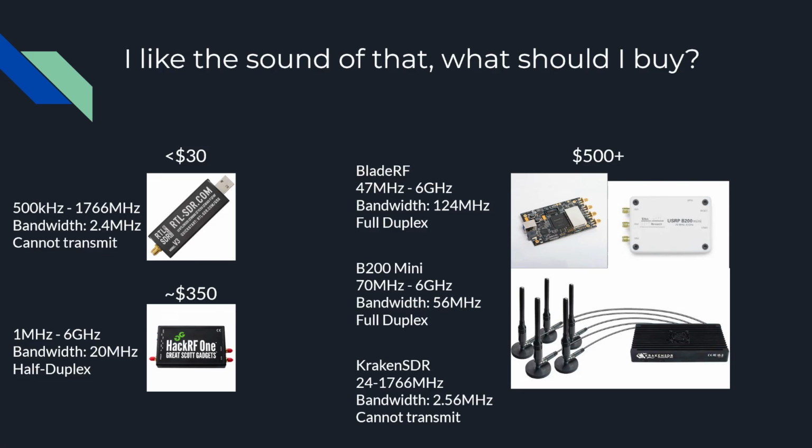So, trunked radio stations usually will have a range of 10 megahertz sometimes, or even up to 20 megahertz. So the HackRF1 may be what you're looking for. But if you're trying to span large bandwidths outside of that, your BladeRF may be a good choice.